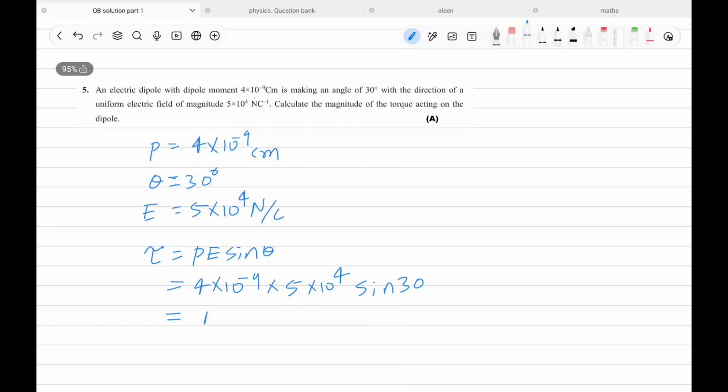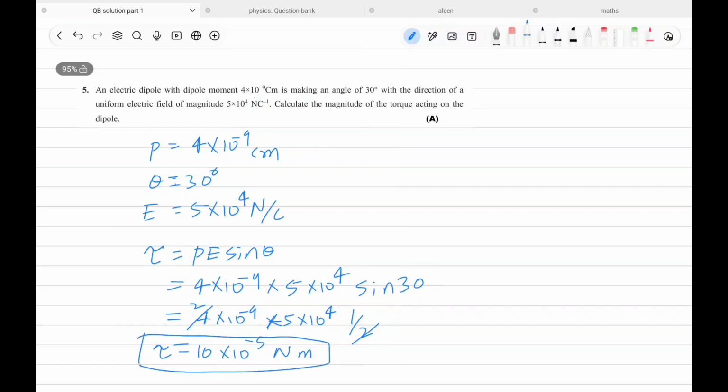What is sin 30 degree? 4 into 10 to the power minus 9 as it is, into 5 into 10 to the power plus 4 as it is, and sin 30 is 1 by 2. 2 2s are 4, 5 2s are 10, 10 into 10 to the power 4 minus 9 is minus 5. So torque is equal to this much Newton meter, 10 into 10 to the power minus 5 Newton meter.